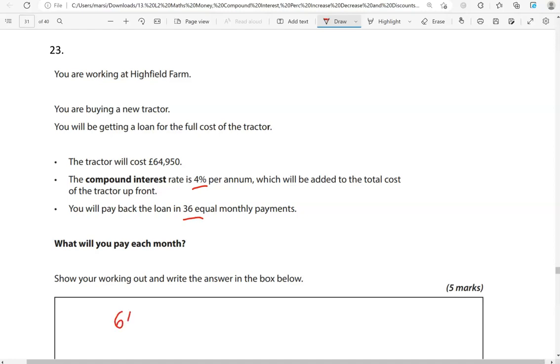Okay, so that is £64,950 times the multiplier. So 1.04. So 100% and the 4%, that is 104%. As a decimal, that is 1.04. To the power of 3, because it's 36 months, so that is equal to 3 years.